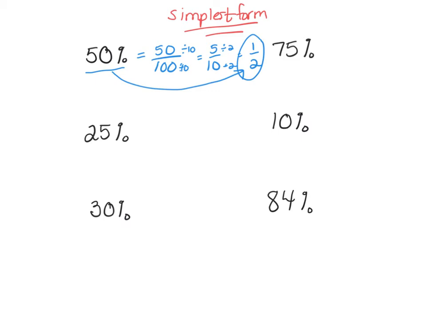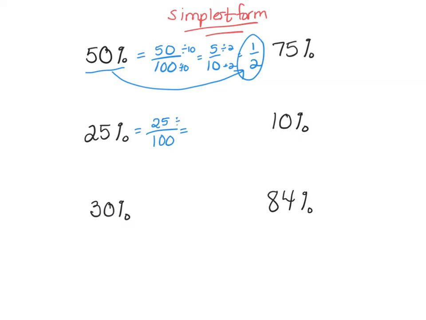I'm going to go down to 25%. I know that that is 25 over 100. And I know that there are 4 25s in 100. I know that mostly because of quarters. I know there are 4 quarters in $1. That means 4 25s in 100.